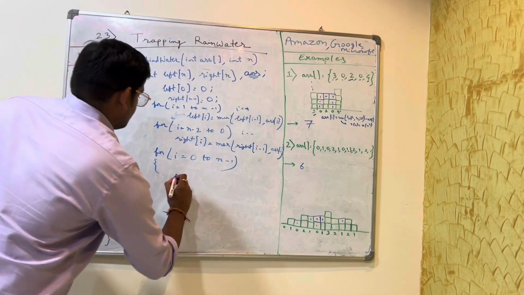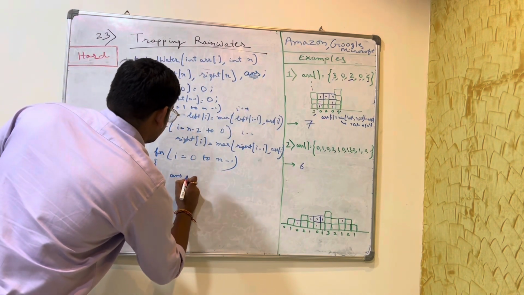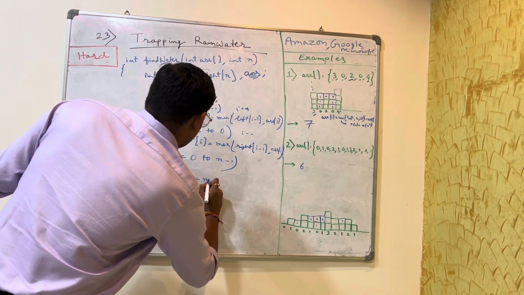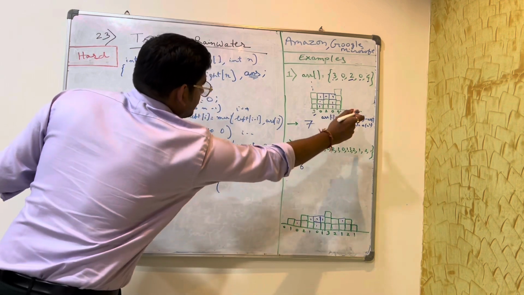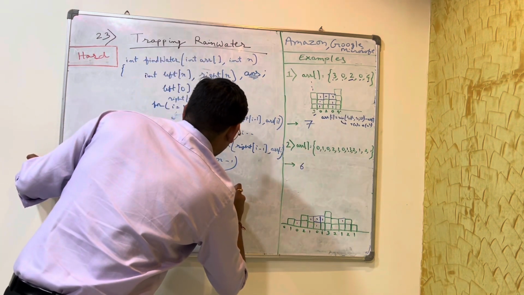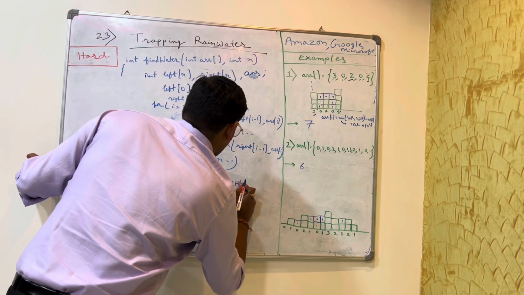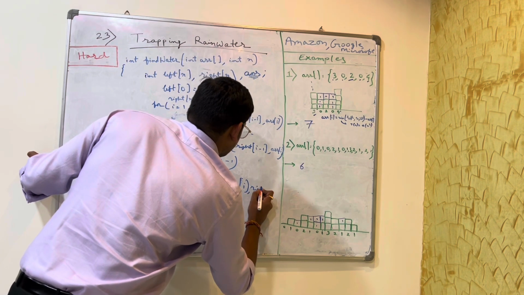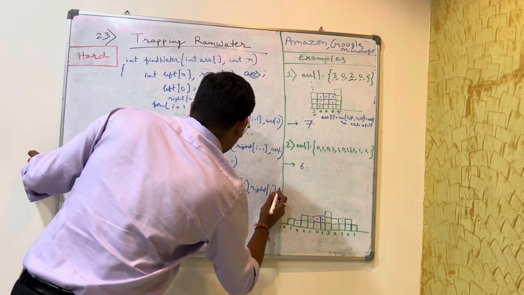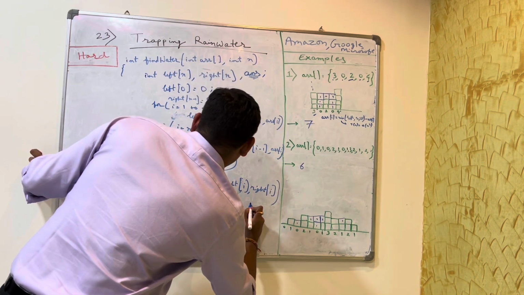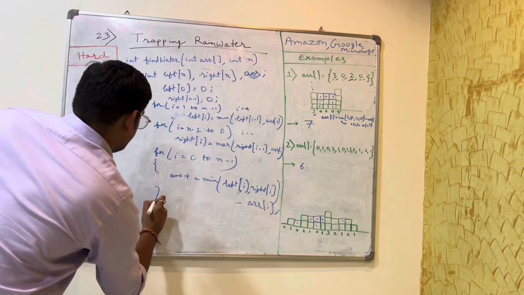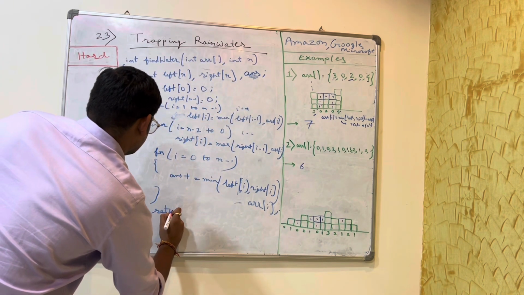And here our value answer would be answer plus equal to minimum of left of i and right of i, minus array of i, and then we will return the answer.